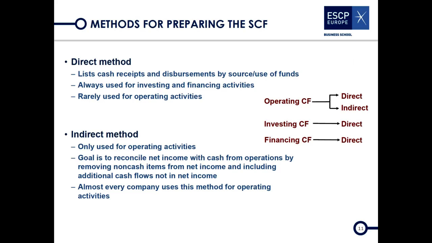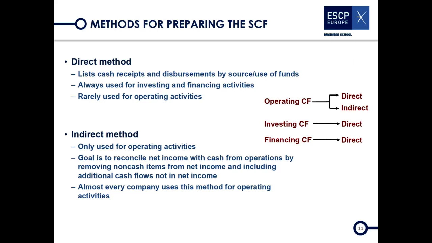Because here you really need to look into your bank accounts and then understand every cash inflow and cash outflow, where it comes from, what it was for, and aggregate the numbers, right? So in the past it was impossible. Now maybe you can program it nicely, but still it's costly.